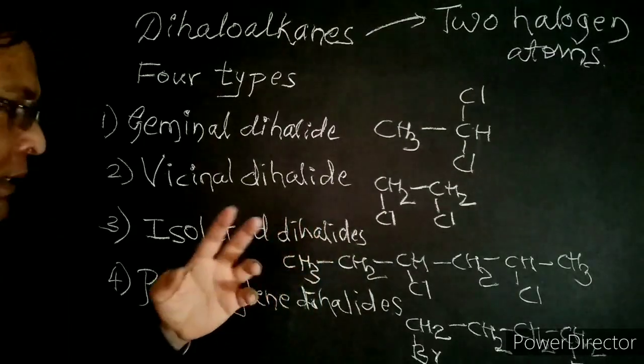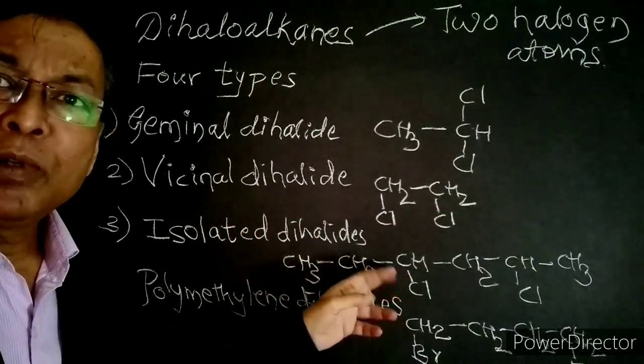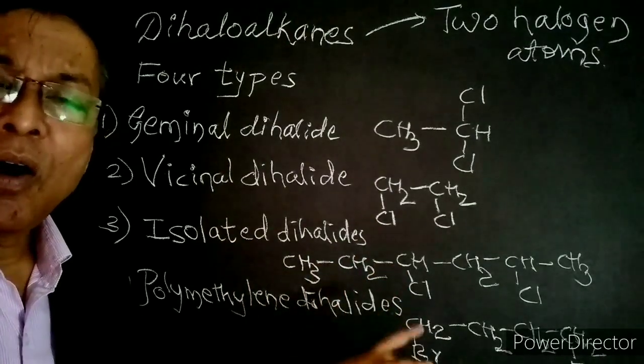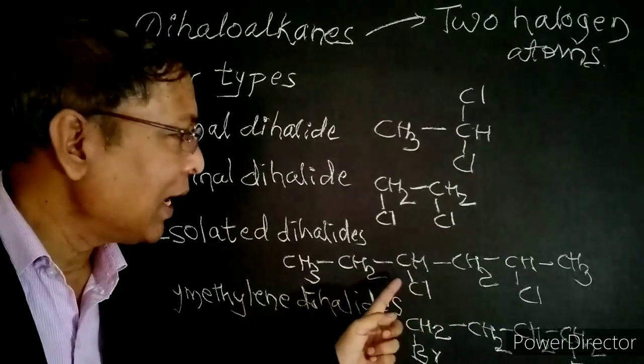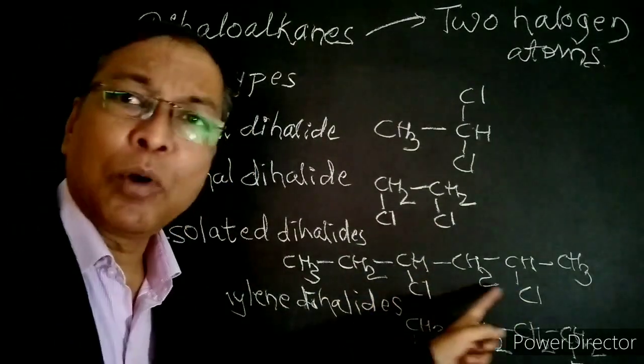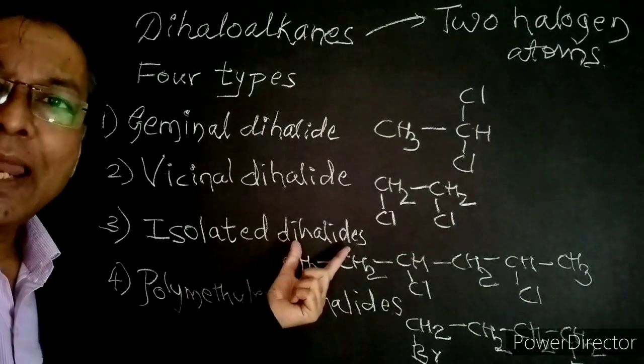When the same halogen atoms are not present on the same or adjacent carbon atoms, they are present anywhere in the molecule, it is called isolated dihalide.